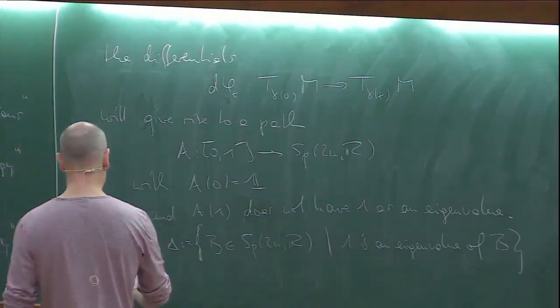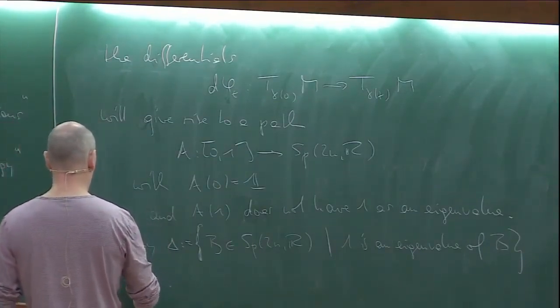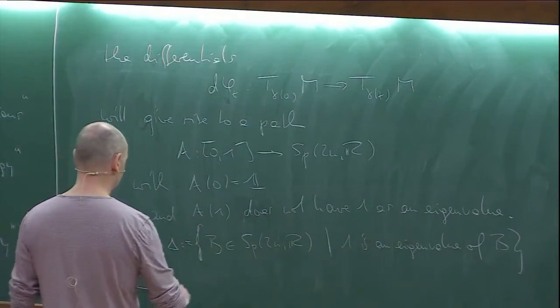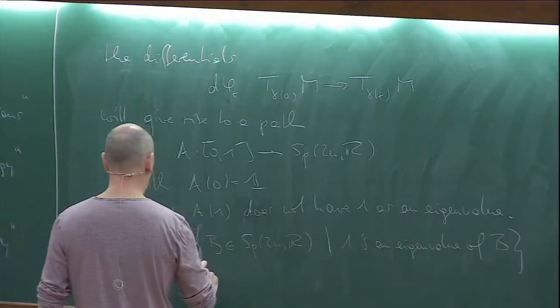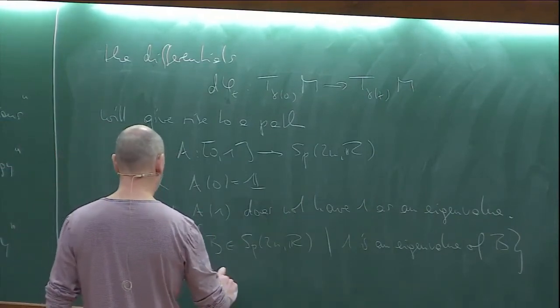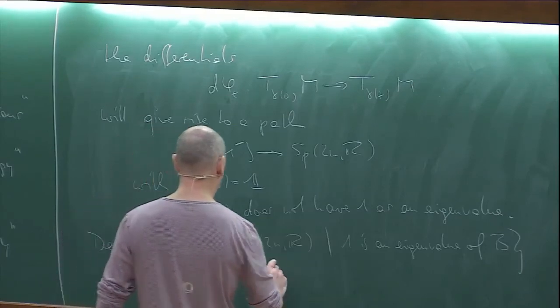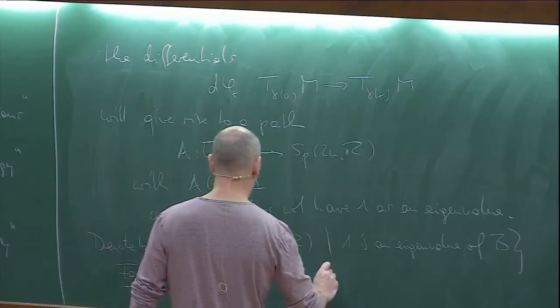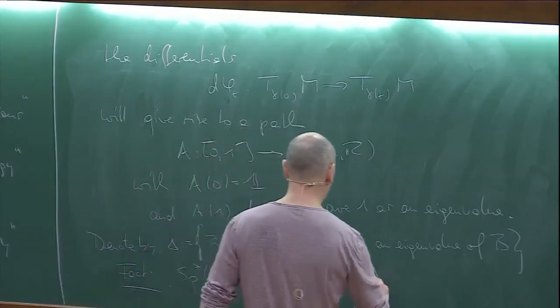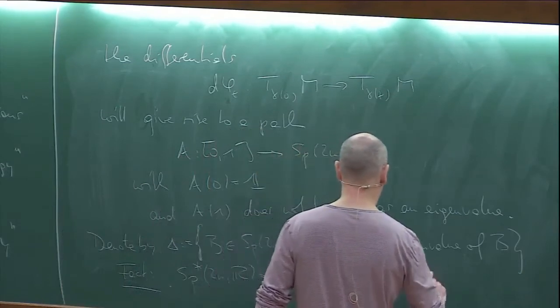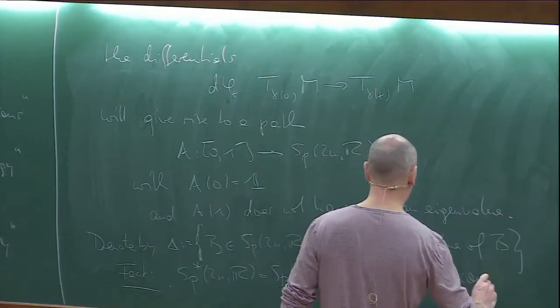And the fact is that Sp*(2n,R), which is Sp(2n,R) minus delta, has 2 connected components.